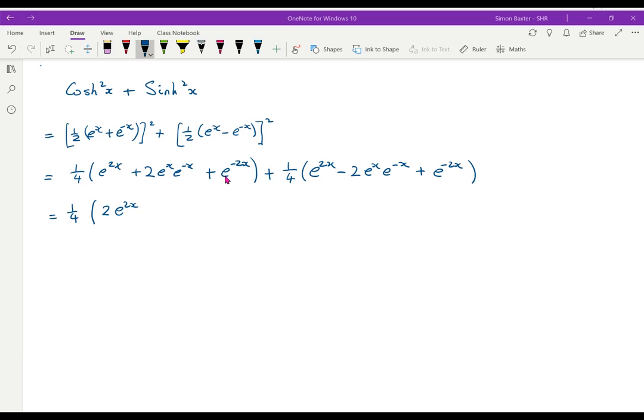And then I'm left with e to the minus 2x plus e to the minus 2x, 2e to the minus 2x. And that gives us a half e to the 2x plus e to the minus 2x, which is, of course, cosh 2x. So these two formulae behave the wrong way. We have cosh squared plus sinh squared is cosh 2x, and we had cosh squared minus sinh squared was 1.